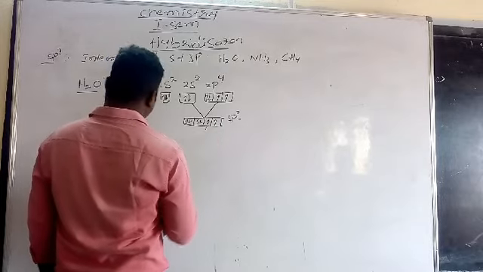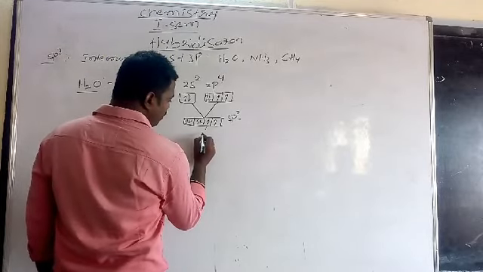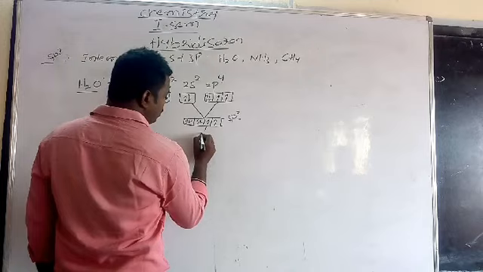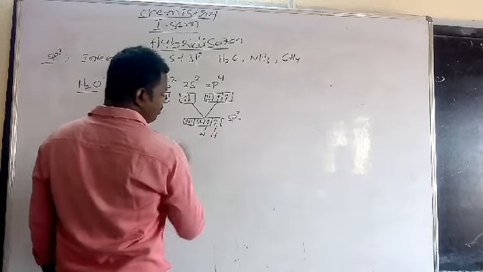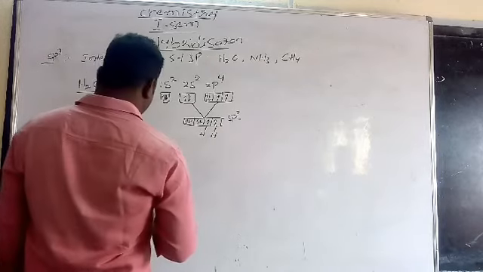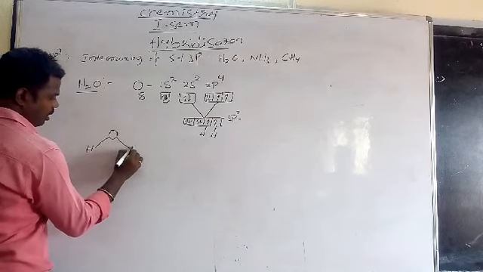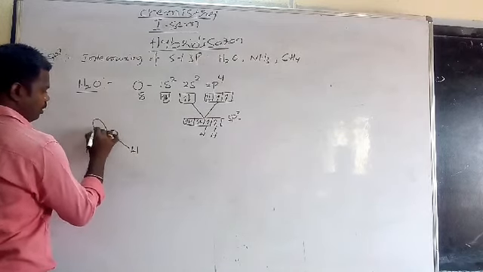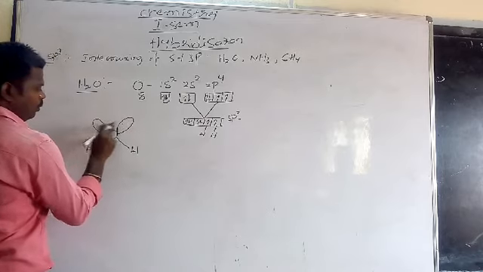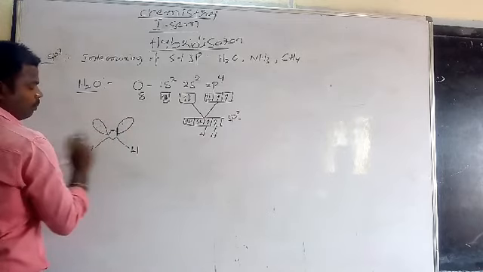Now the 2 unpaired orbitals of oxygen react with 2 hydrogen atoms. The formation of molecule structure H2O: 2 lone pairs, 2 bond pairs.